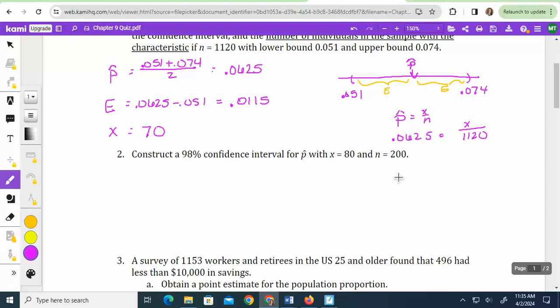When I'm talking about my confidence intervals, we're in chapter 9, we have 2 formulas, one for p-hat and one for x-bar. So we're talking about p-hat plus or minus z alpha over 2 times the square root of p-hat times (1 minus p-hat) over n.